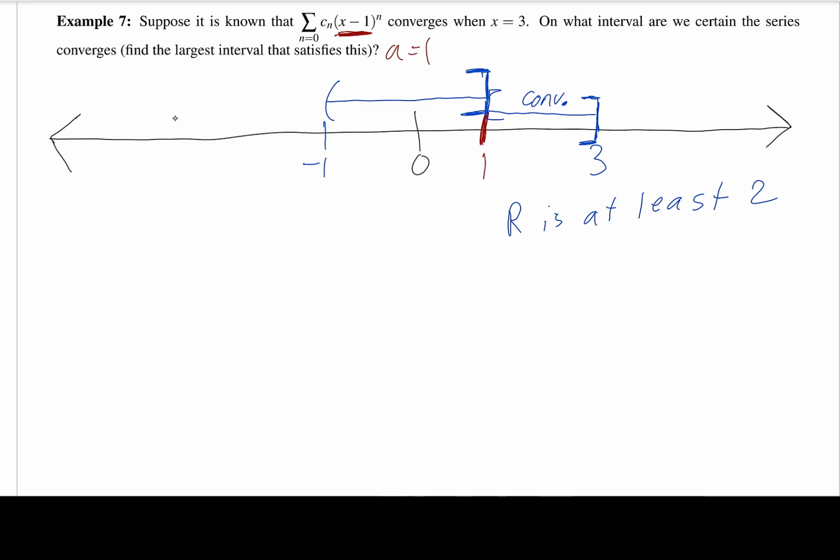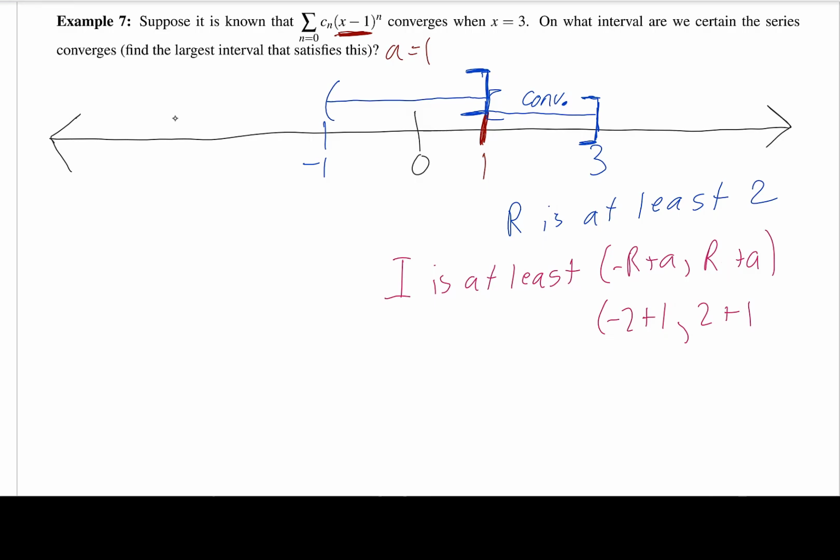Once I got that R was at least 2, then I knew that, remember from our rules, I is at least -r plus a to r plus a. Right, and so this is -2 plus 1, right, because that was our a value, to 2 plus 1.